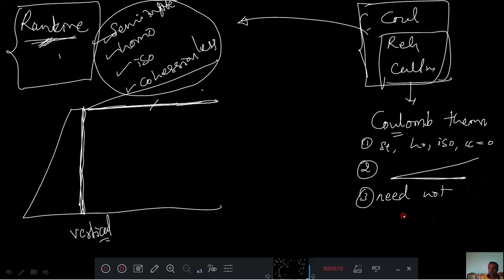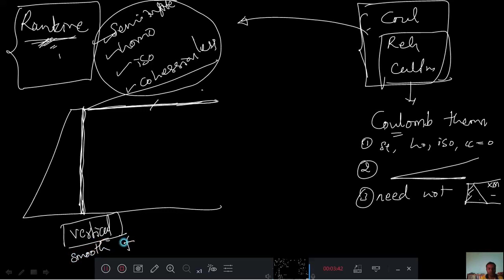According to Coulomb, even if the back of the retaining wall is inclined and your soil is resting here, his theory will work. Therefore I can consider this a demerit of Rankine's theory, that he considered only a vertical wall, but Coulomb considered vertical, inclined, everything.